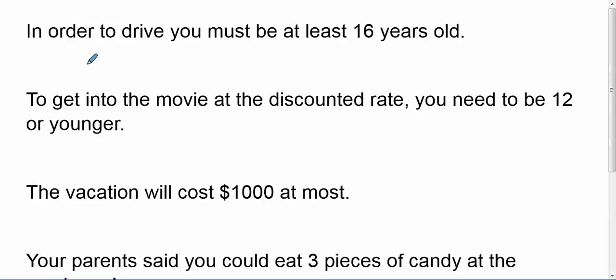So some real world scenarios that you probably deal with, for example, is meeting a minimum age requirement maybe for a movie or for driving. So in order to drive, you must be at least 16 years old.